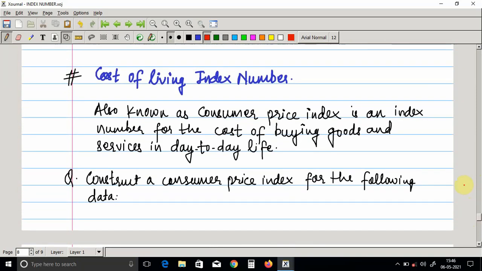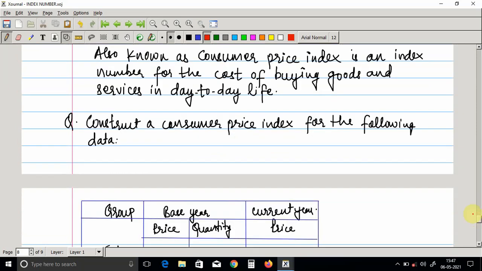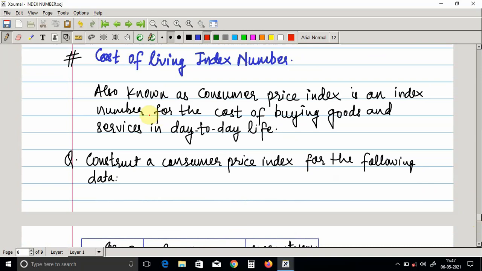So I have one more index number, the cost of living index number. You will find this thing is similar to the simple aggregate method. The cost of living index number is also known as the consumer price index.